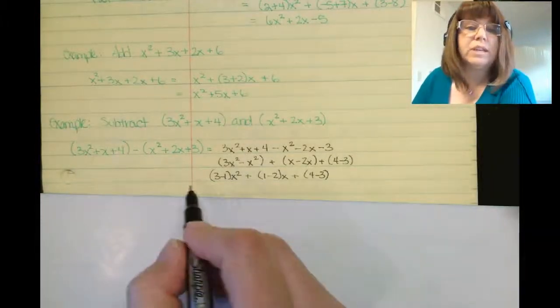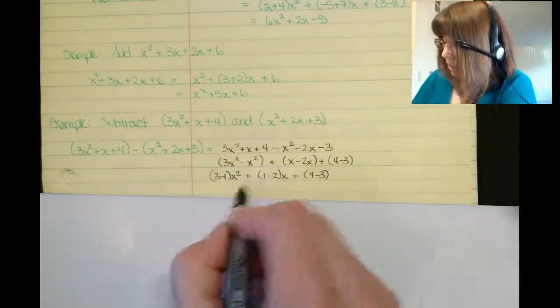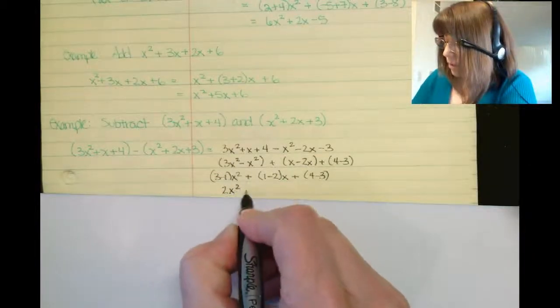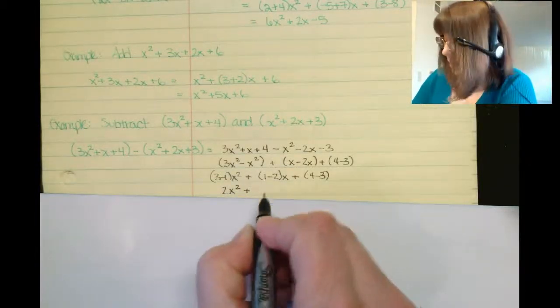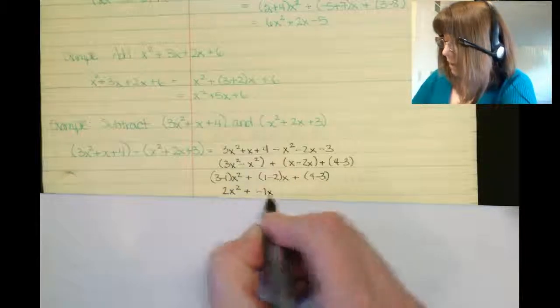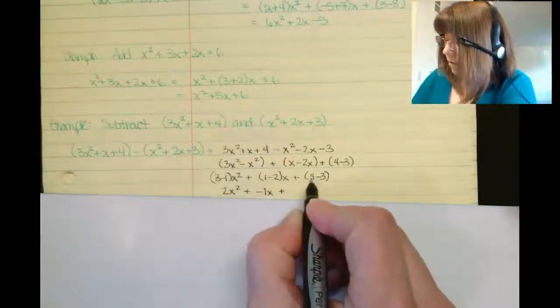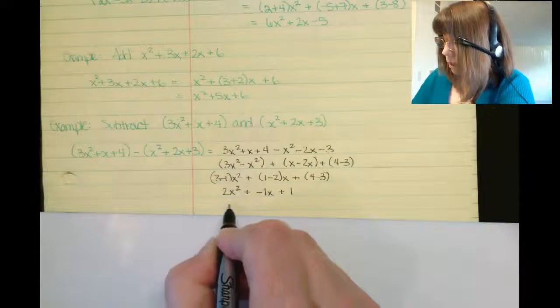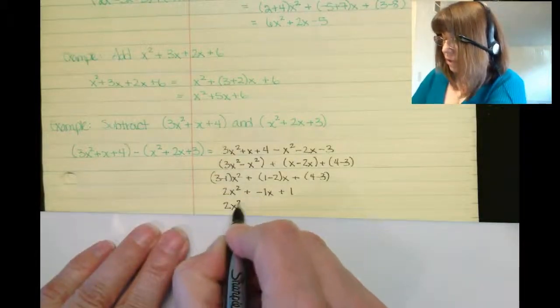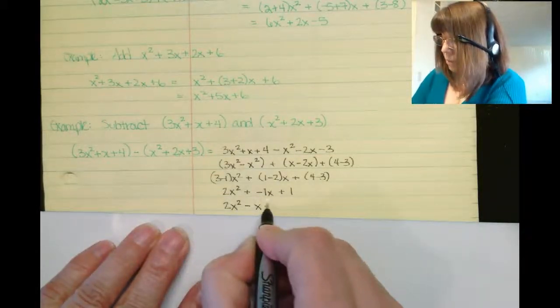Now I can do the math here. So 3 minus 1 is 2x squared. 1 minus 2 is a negative 1x, plus 4 minus 3 is 1. I'm just going to rewrite it: 2x squared minus x plus 1.